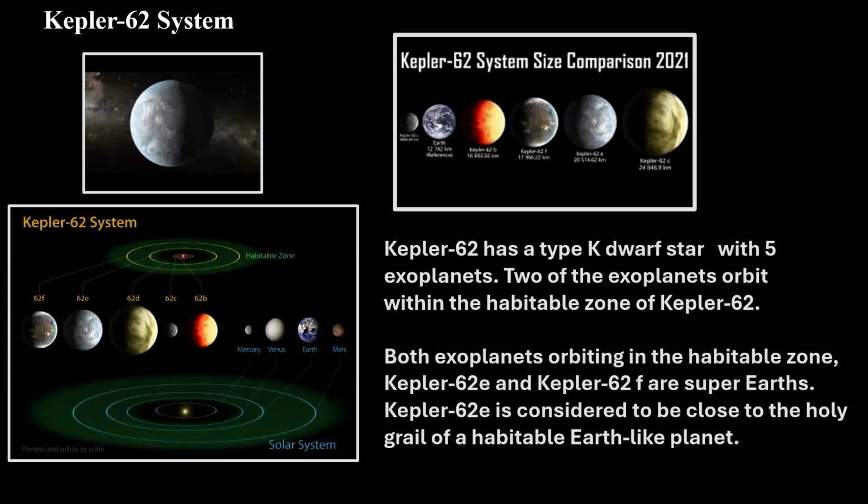The Kepler 62 system, like the 55 Cancri system, consists of a K-type star and 5 exoplanets. However, the similarity does end there. 2 of the exoplanets, Kepler 62e and Kepler 62f, orbit within the habitable zone, and Kepler 62e is close to the holy grail of a habitable Earth-like planet.